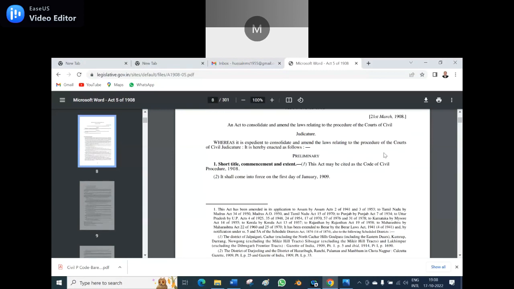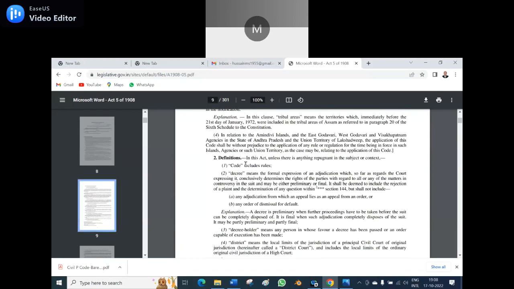See, this is section 1, where it is short title, commencement and extent. Then comes section 2, definitions. In this Act, unless there is anything repugnant in the subject or context, here 1 is given. When such a thing comes as a tail and later 1 comes, we say it is clause 1. And if it comes directly without this tail, we can say section 2, subsection 2. Did you get my point?